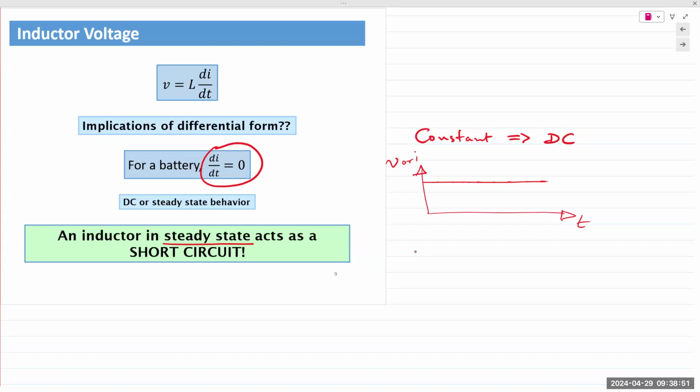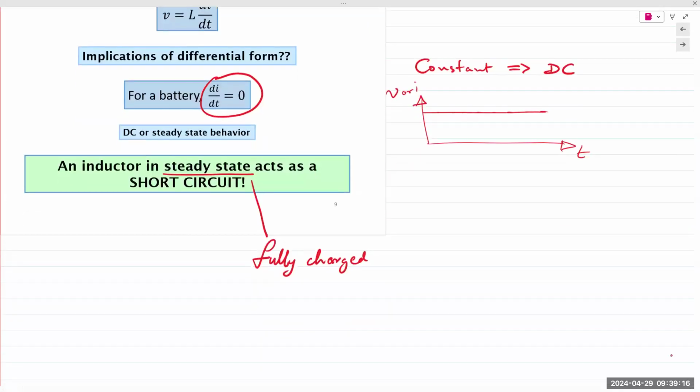In this case, since the energy is flowing in, it's reached full charge. Fully charged, and then current flows through it freely. There is no opposition to the change of current. Okay. So for DC or steady state behavior, inductor behaves like a short circuit.